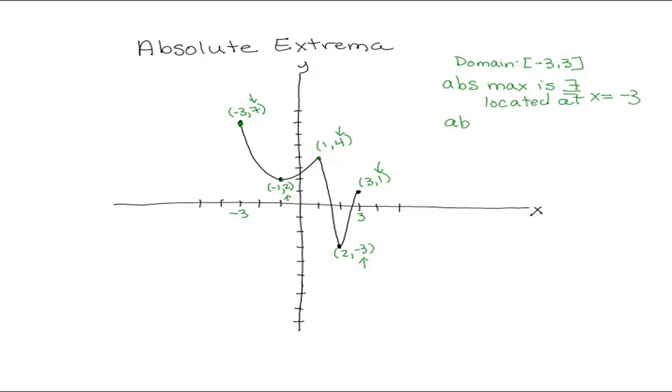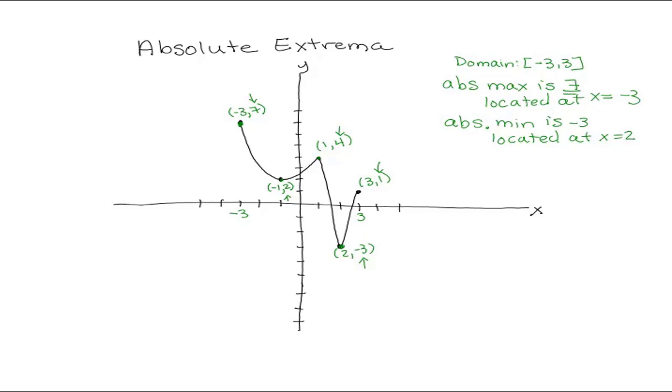So similarly, the absolute minimum value of the function would be the lowest y value of the function, which is negative 3. The lowest point of the function is down here. And this is, again, just more of a side note, located at x equaling 2.